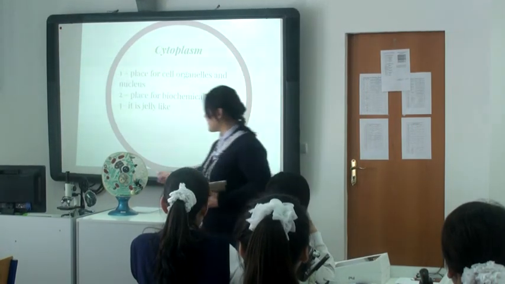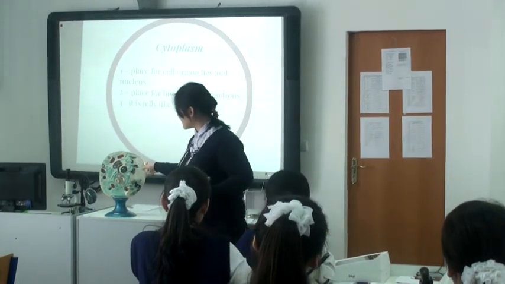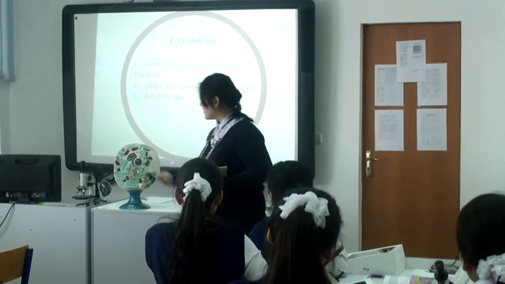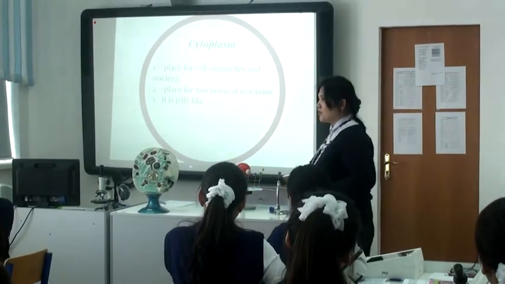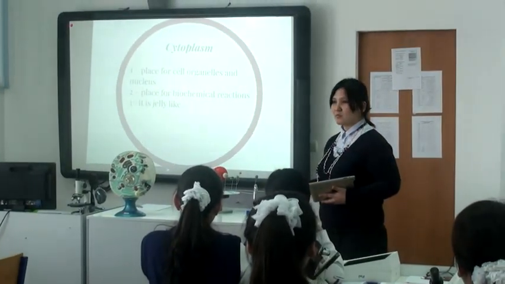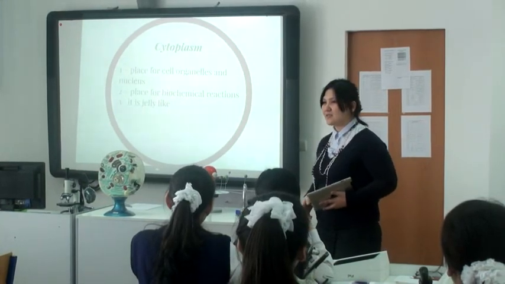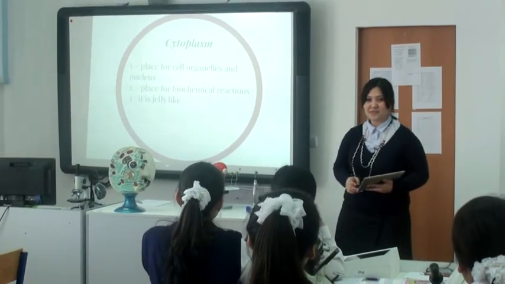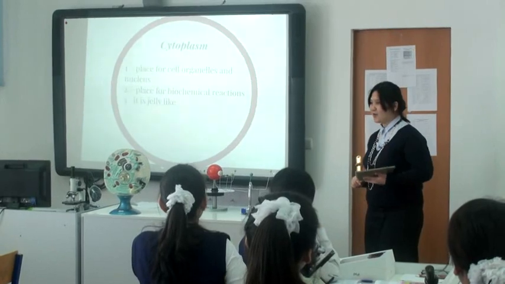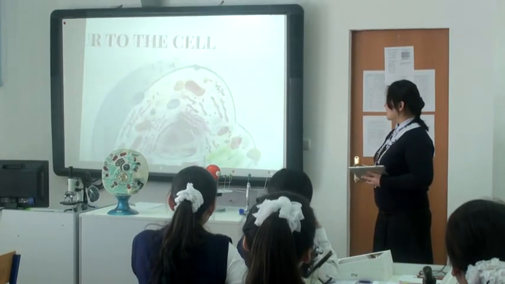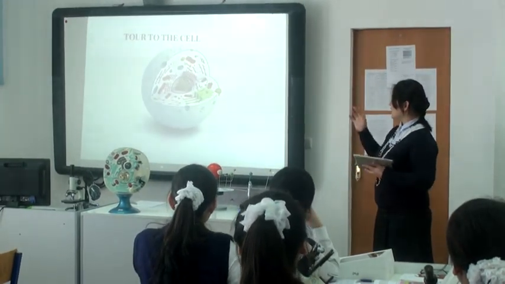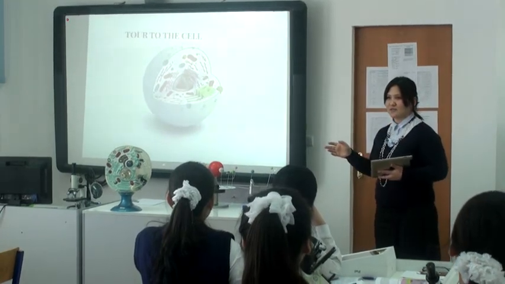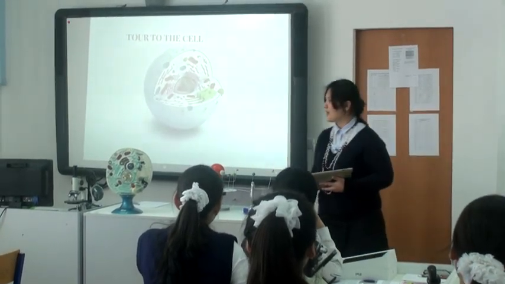Actually, it is all empty places here. You can see these empty places, okay, between the particles. So it is like a swimming pool, and by structure it is jelly-like. Clear? Yes.